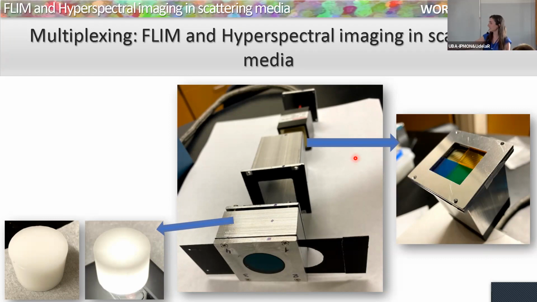So we needed to add a scatter plate inside, so the photons could reach the different channels in the detector. And we're working on that.